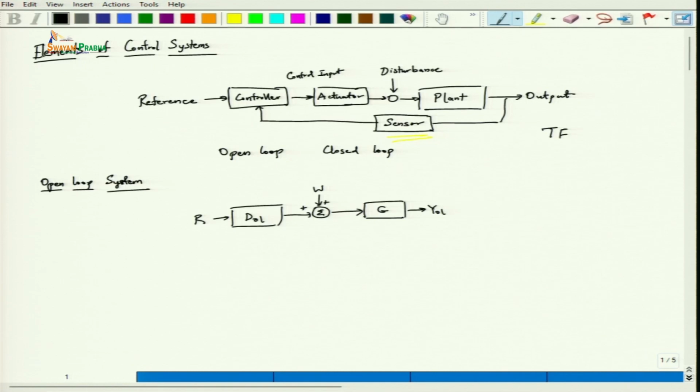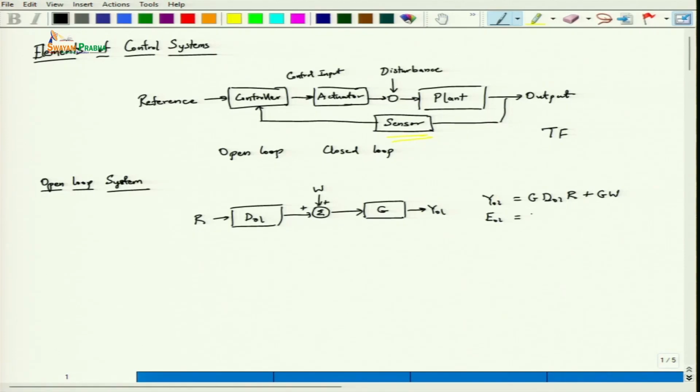So based on what we have learnt in the last class, we can write YOL as G DOL R plus G times W. So we have represented YOL in terms of the reference R and disturbance W and the transfer functions of the plant as well as the open loop controller.